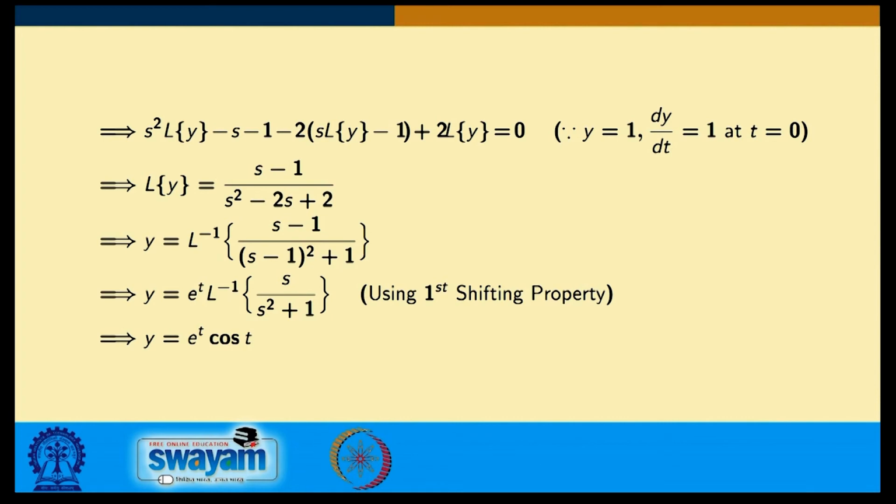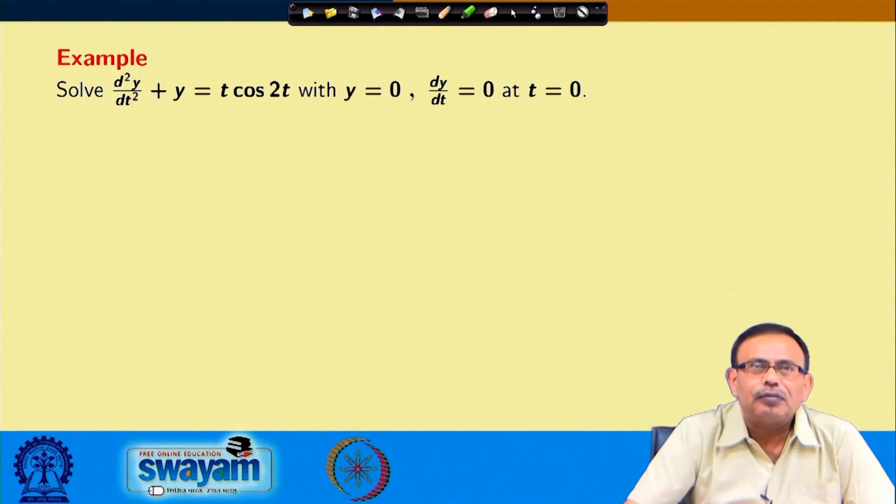So, now I am getting Laplace transform of y equals s minus 1 by s square minus twice s plus 2. So, that y is Laplace inverse of this. So, using the first shifting property as I was telling, I can write it as e power t into Laplace inverse of s by s square plus 1, and from here I am getting the solution as e power t into cos t. I am obtaining the solution.